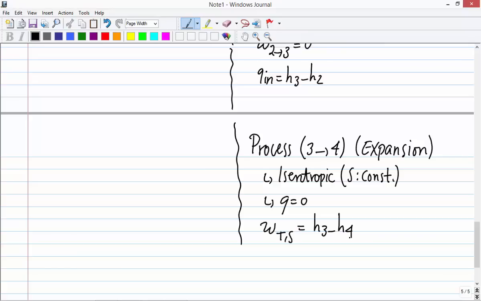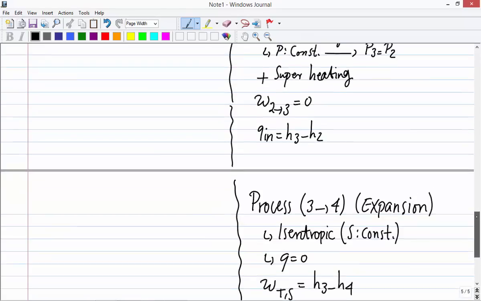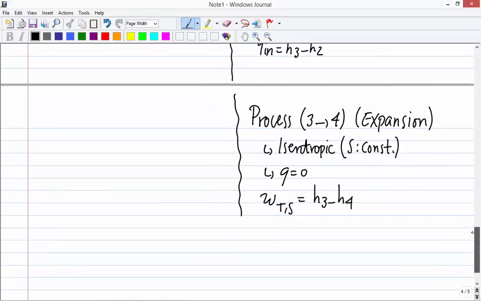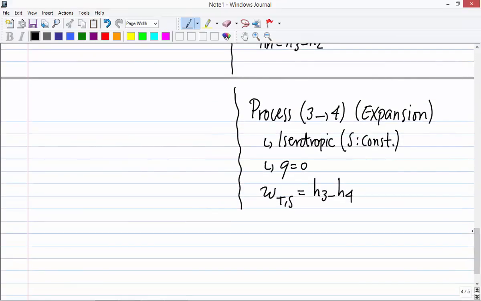Okay? Assuming that the process in the turbine and in the pump was isentropic, then we can use those equations. Otherwise, we need somehow to incorporate the efficiencies that will be mentioned in the example. I guess that's all. If you want to know more, then please check.